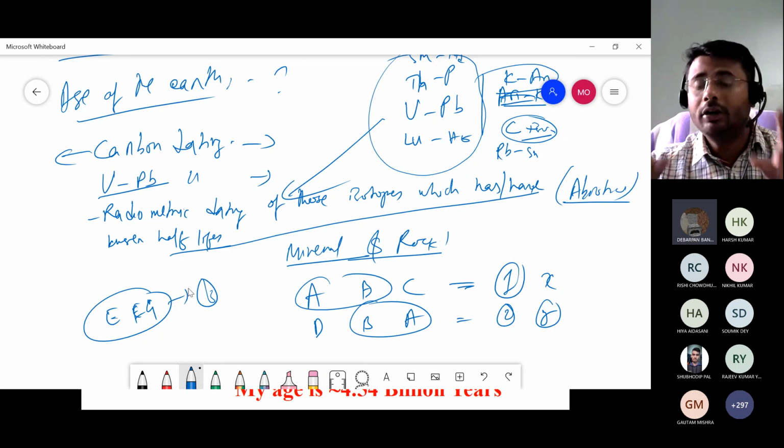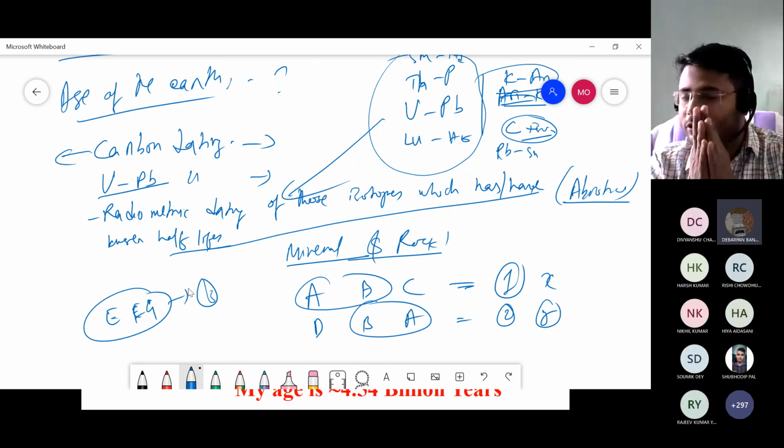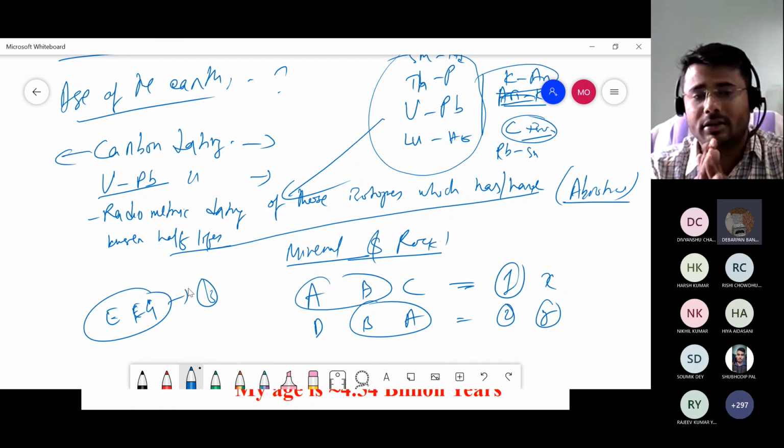In order to identify or differentiate, a particular rock is basically a composite of minerals. That composite may change.